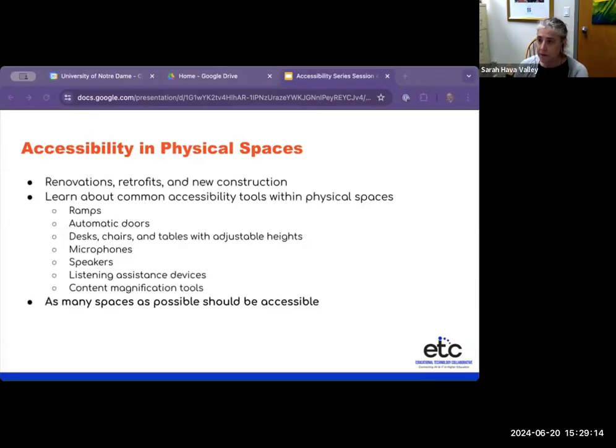So the goal is always going to be to try and make as many spaces as you can on campus or in your company as accessible as possible. But it's also not necessarily realistic to know that every single space is going to perform the function that you need, right?